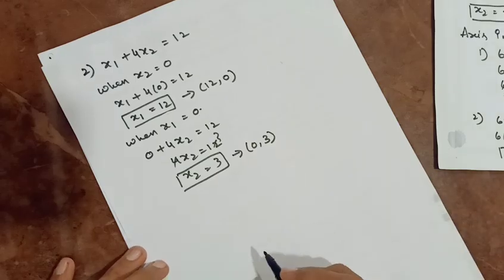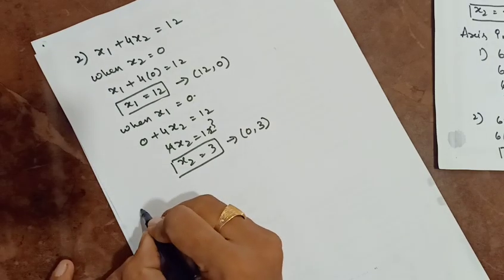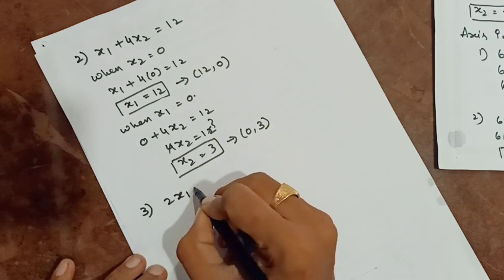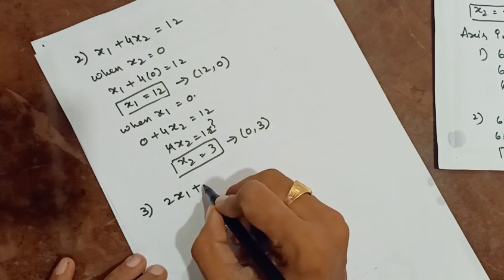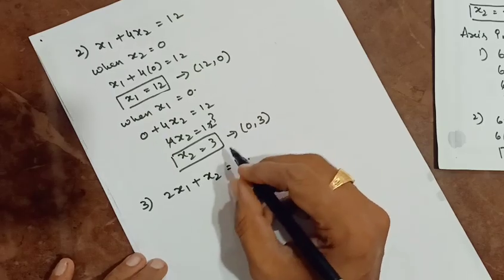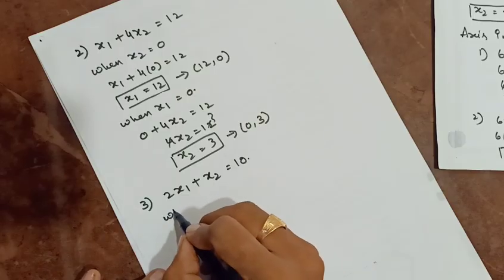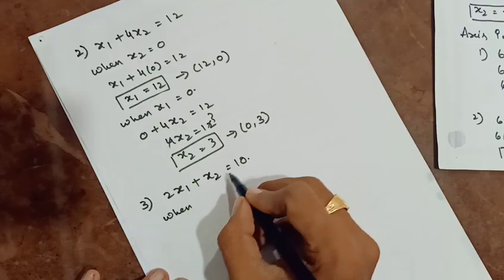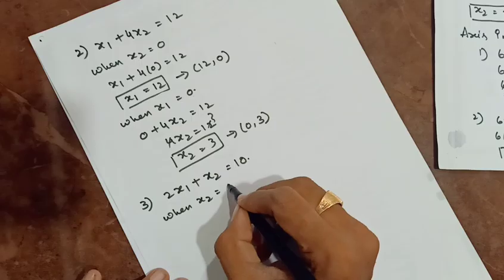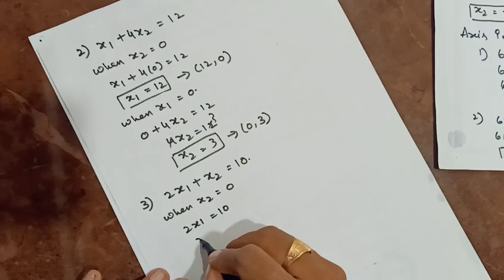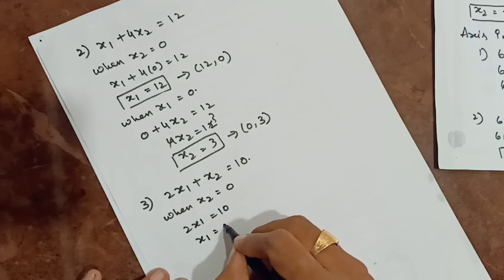In the same way, the third constraint, that is 2x1 plus x2 equals 10. Here very easily we can find one particular value. So when x2 is 0, 2x1 equals 10, x1 is equal to 5.